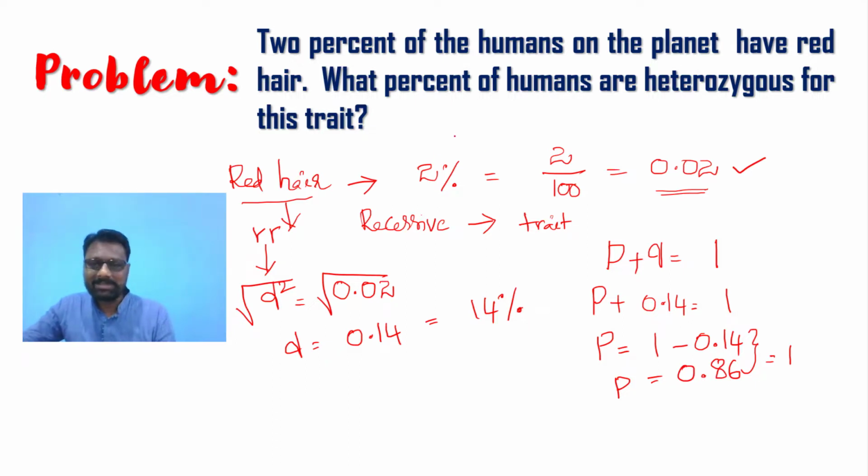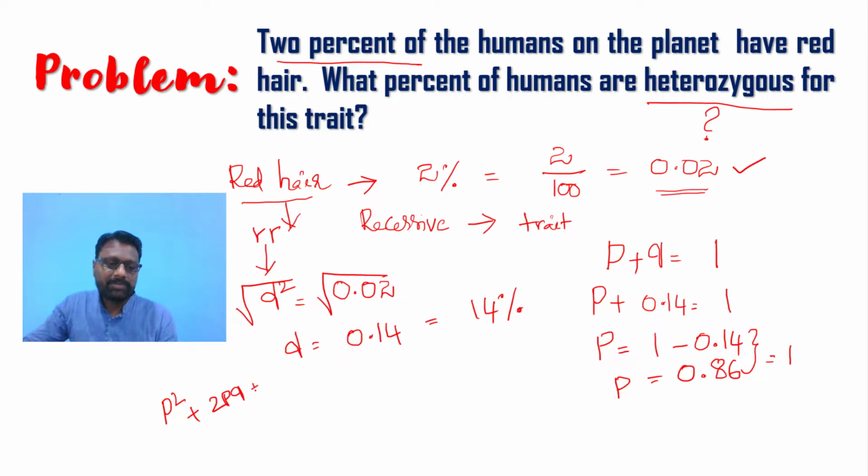Now what they have asked: they have given the value for red hair individuals, and they are asking about the individuals with the heterozygous condition. What percent of the humans will be heterozygous for this trait? In the equation I have already told you, p square plus 2pq plus q square is equal to 1.